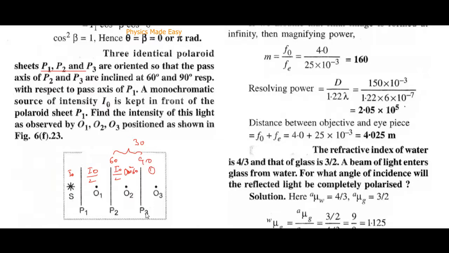You can write here, this is O1, this is O2, this is O3. O3 will be whatever the value of O2 into cos square 30. This is O3. And now fill these values.